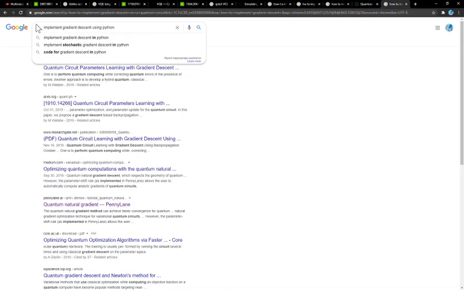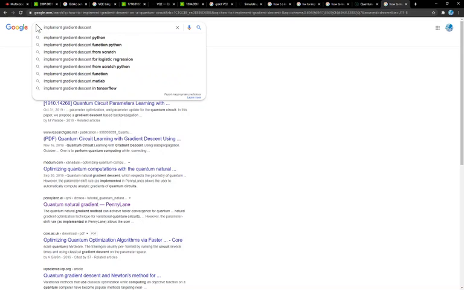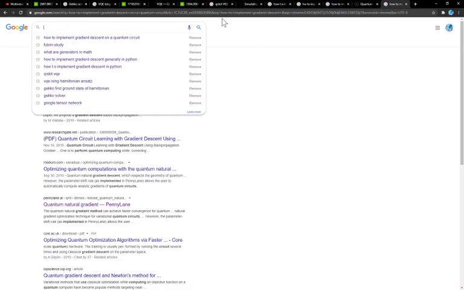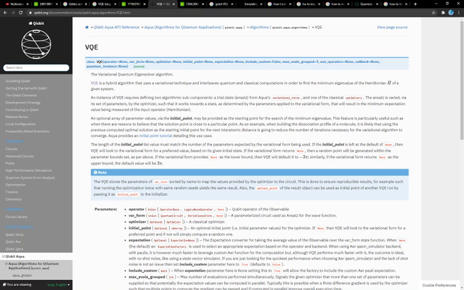Because everywhere else you calculate the derivative by hand because that's your cost function. But yeah, that's basically it. But how do you do this on a quantum circuit? I mean, can we check Qiskit's code for this? This is VQE, and you give it an optimizer.